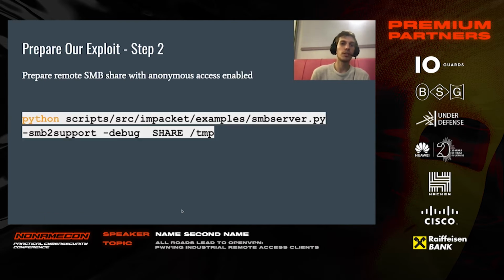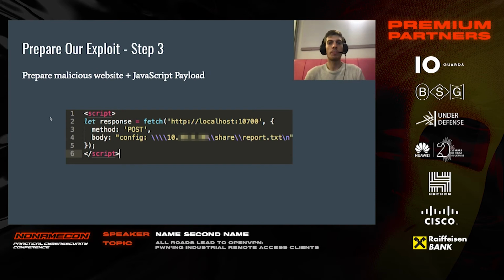We hosted it on a remote server using an SMB server. It was a server that we started with Impacket using Python, and we specifically asked for anonymous access to be enabled on it, so anyone can access it and ask for the OpenVPN configuration. Step 3 was to prepare the malicious JavaScript.